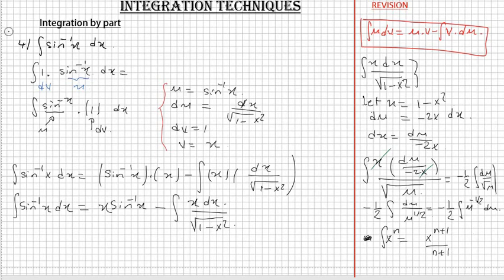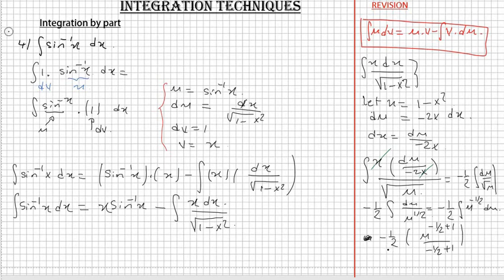In this case the exponent is -1 over 2. So that's going to give, you have -1 over 2, we have u to the power of -1 over 2 plus 1, and we do the same at the bottom, -1 over 2 plus 1.